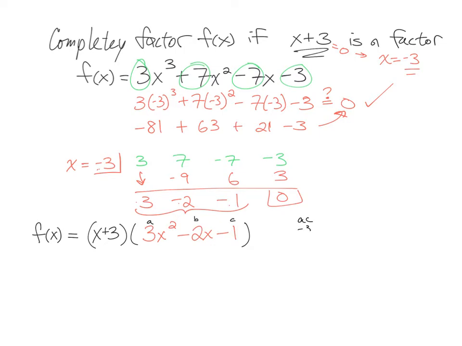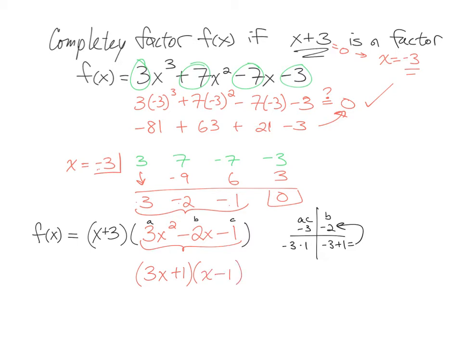It is already in standard form. So a times c is -3, and b is -2. So I'm trying to find two numbers that multiply to -3 that add up to -2. I think it's -3 and 1. Whoa, so this does factor, because -3 plus 1 is -2. All right, so since it factors, you go through and factor this polynomial accordingly, and you will get 3x plus 1 times x minus 1.